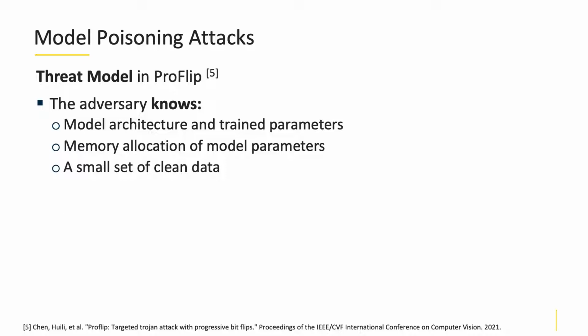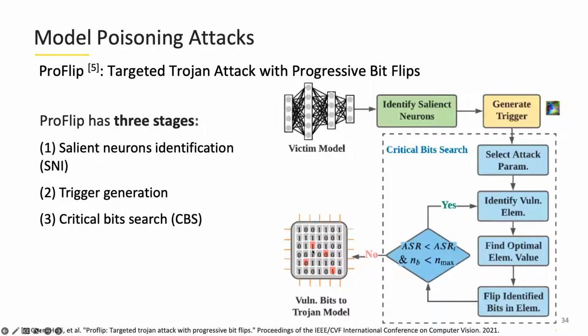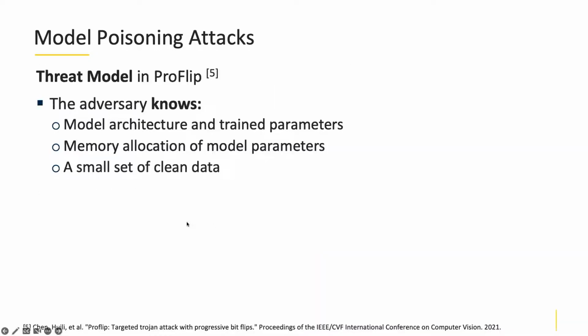The second assumption is that the adversary also knows how these model parameters are stored in the memory module. This is necessary because after locating the vulnerable bits in a weight, the adversary needs to flip the corresponding bits in a memory component.